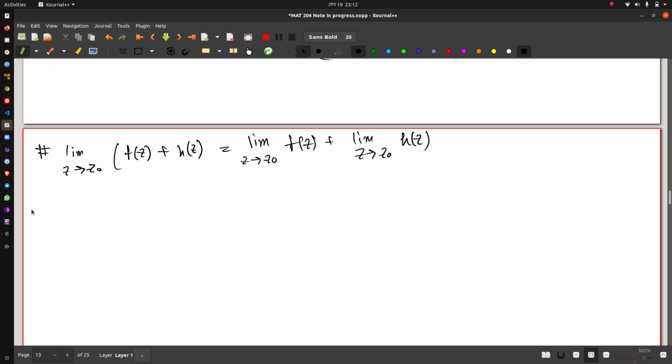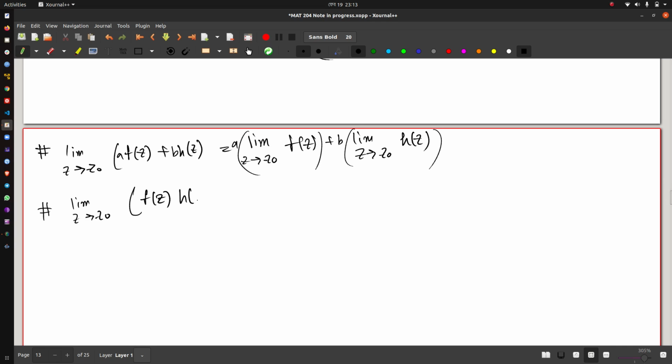Obviously, since this is a linear operator, you can also use the scalar multiplicative property. That means if you had scalars a and b over here, they would just be on the outside. And properties like this that you see in your single variable calculus or real variable calculus also apply here.